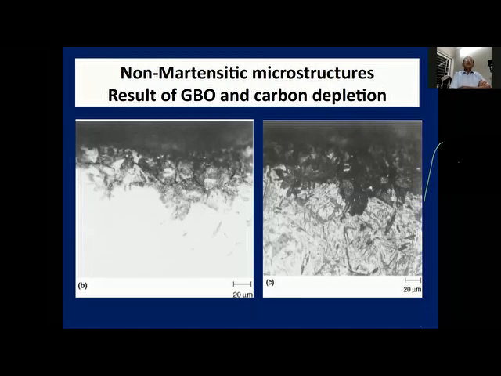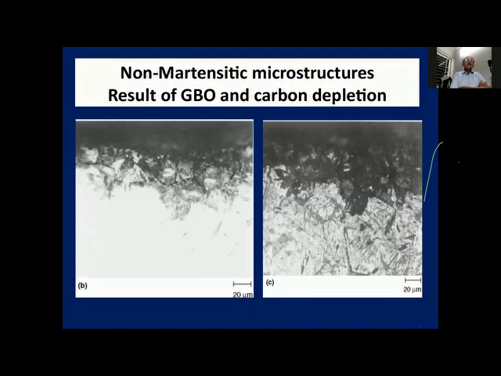And if on top of it you have carbon depletion also because of improper carbon potential control, especially in the last part of the cycle, then the combined effect will be a greatly reduced hardenability of the surface, to the extent of 10 to 20 microns. So that part will form all sorts of non-martensitic structures, even though it is at the surface receiving a very good quench.